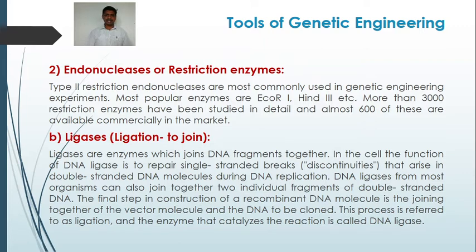Similarly, the vector DNA is also cleaved with the same restriction endonuclease to produce complementary sticky ends. Now, when we insert that BT gene into the vector DNA, the enzyme required is the DNA ligase.